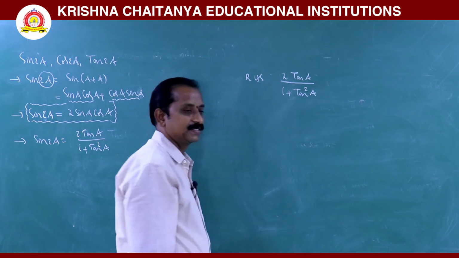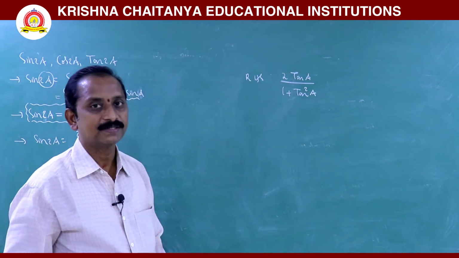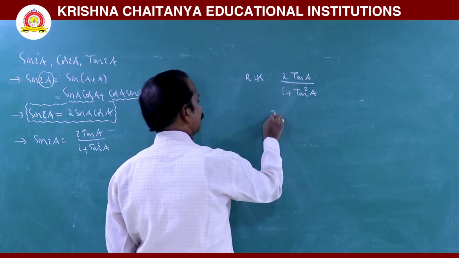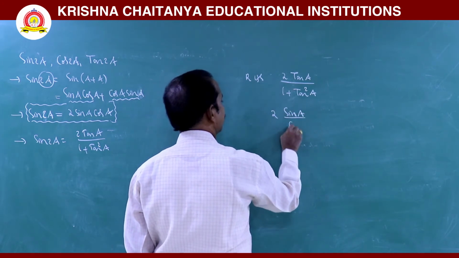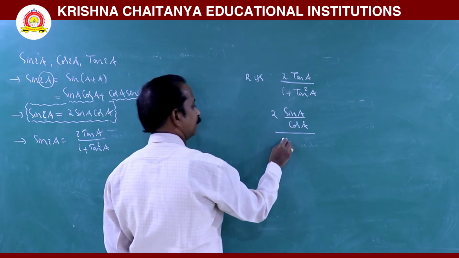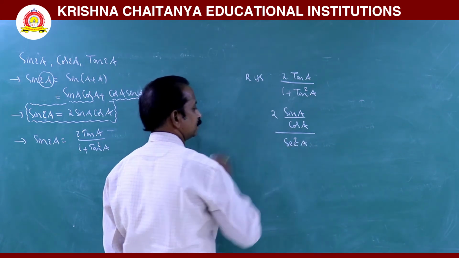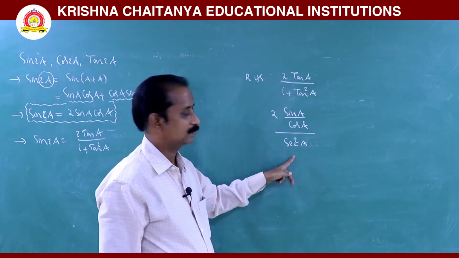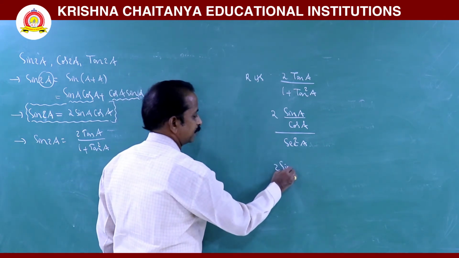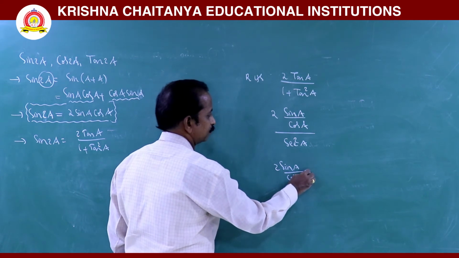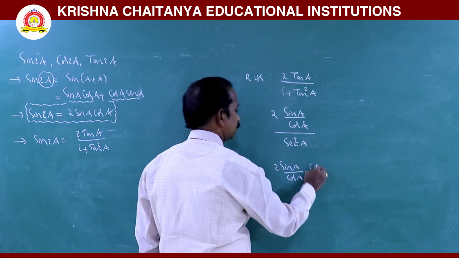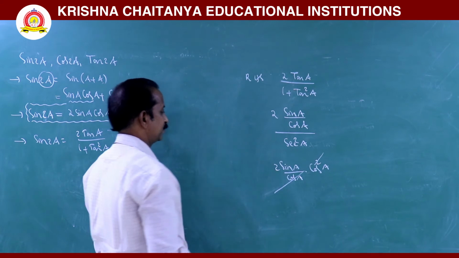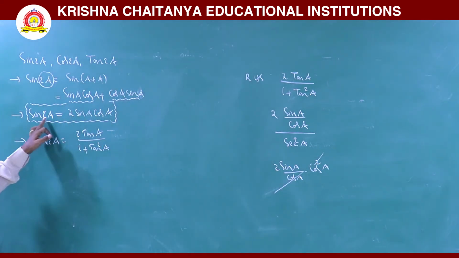We know that 1 plus tan square A, from the trigonometric identity, is secant square A. Tan A in terms of sine and cosine, we can write 2 sin A divided by cos A, whole divided by 1 plus tan square A, which is nothing but secant square A. Secant square A we can write as 1 by cos square A. So 2 times sin A by cos A into the reciprocal, cos square A. One cos A gets cancelled, giving 2 sin A cos A, which is nothing but sin 2A.